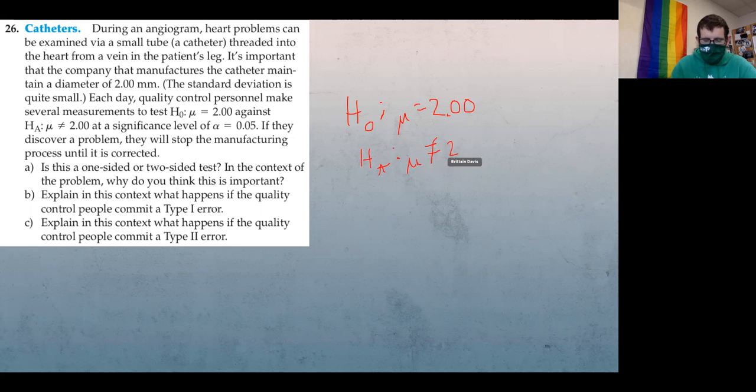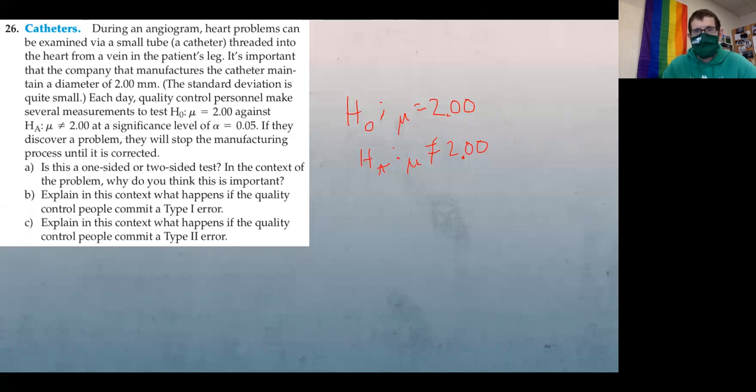So type 1 error. In this case, do we decide that the catheter is 2 millimeters, or we decide that the catheter is not 2 millimeters?